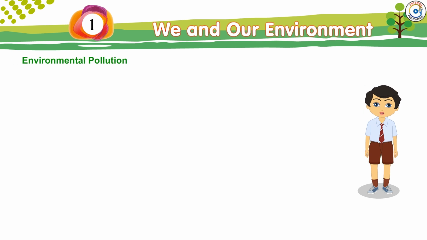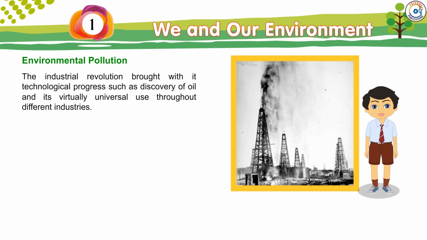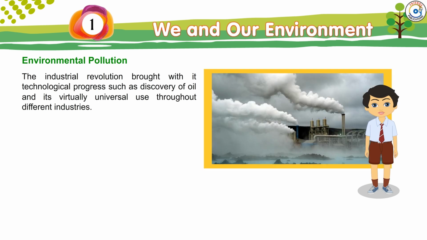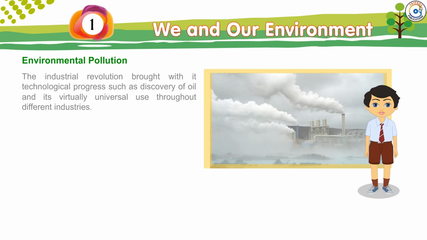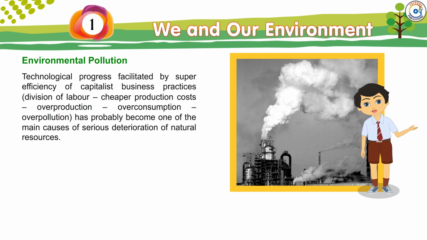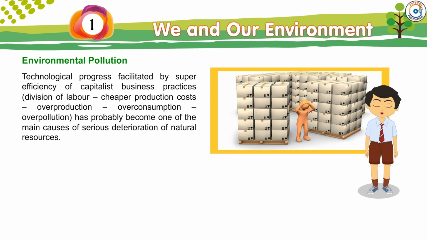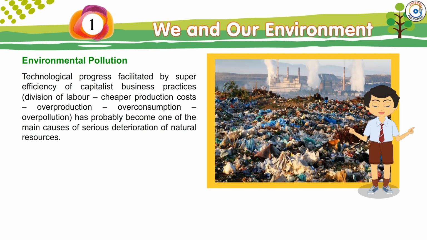Environmental pollution. The Industrial Revolution brought with it technological progress such as discovery of oil and its virtually universal use throughout different industries. Technological progress facilitated by super-efficiency of capitalist business practices, division of labor, cheaper production costs, overproduction, overconsumption, overpollution has probably become one of the main causes of serious deterioration of natural resources.